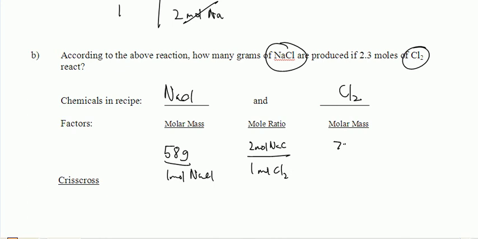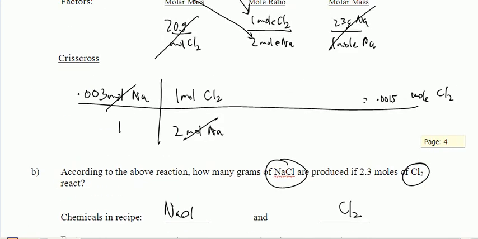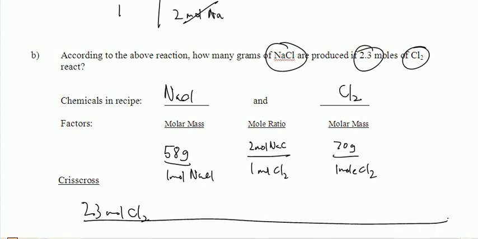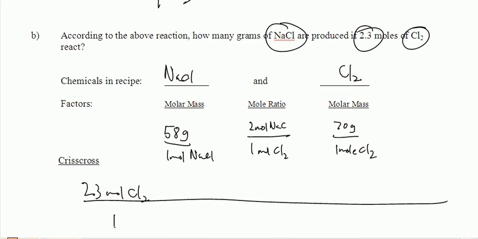And the molar mass of Cl2 from the last problem was 70 grams per every 1 mole Cl2. I'm starting with 2.3 moles Cl2, and what I want is grams NaCl.